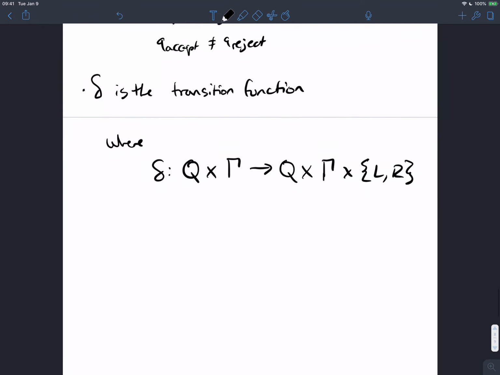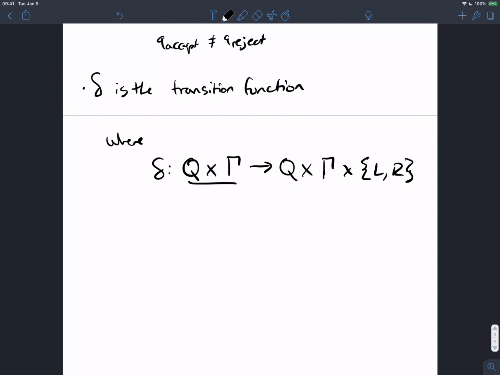So we need every single pair in this left-hand side to be defined. Anyone know what that's called? A total function. All this means is that no matter what state and symbol you give me, there's some transition to apply. Okay? And in fact, there's exactly one because this is a function.